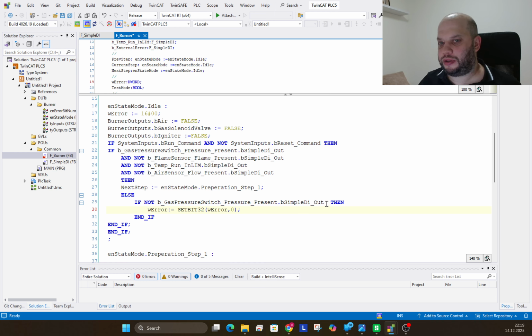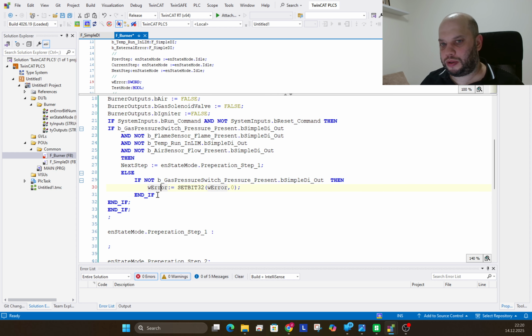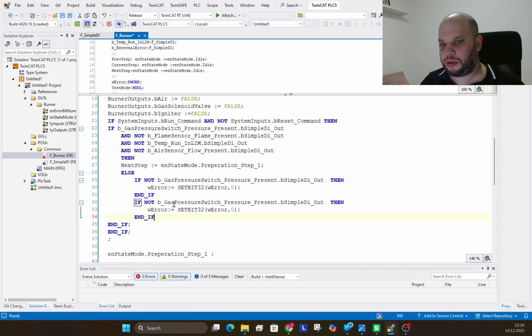So, if there is no gas, we are setting bit 0 in this variable. So if there is a flame, bit number 1.